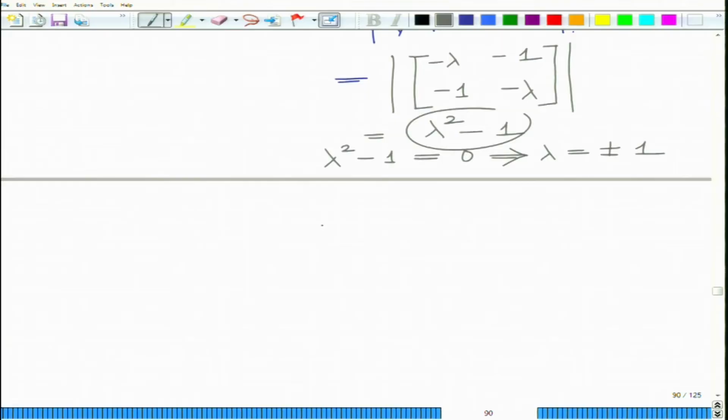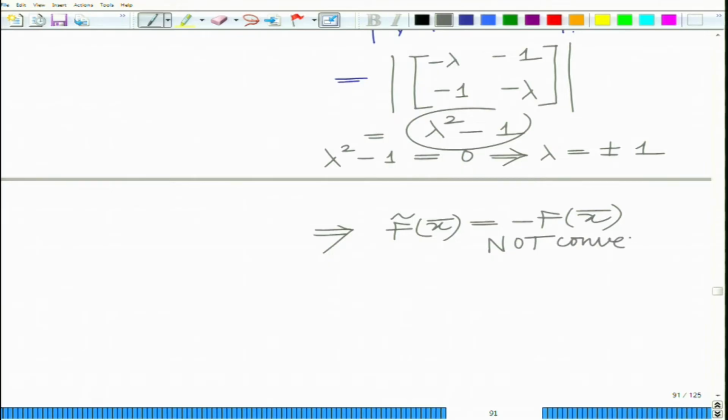So, this implies f tilde of x bar equals minus of f of x bar is not convex, implies f of x bar is not concave.